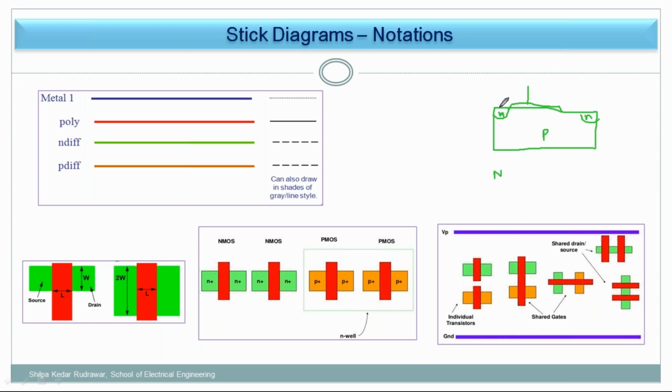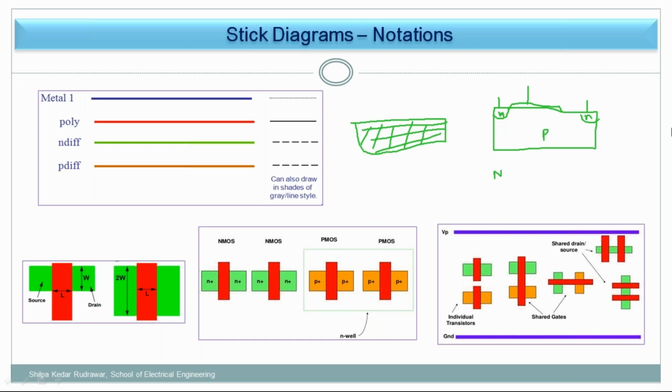Now I require one source, one drain, and one gate. So I use this particular color, green. This is my N diffusion region. Suppose I have filled it in; this is the material which forms N plus.